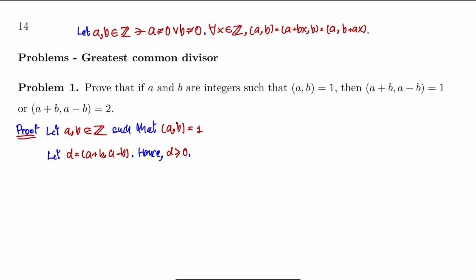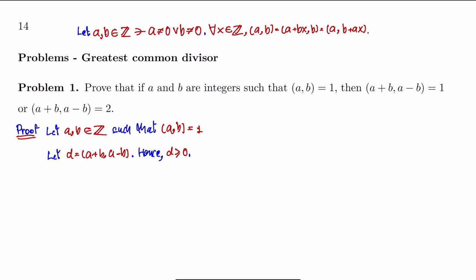Now we have the greatest common divisor of the sum and the difference. I don't want to have these kinds of numbers. I just want to have just a or just b, or maybe 2 times a, 2 times b.